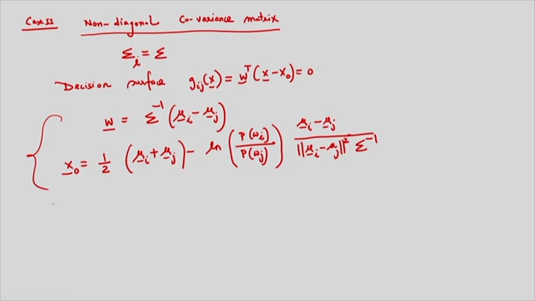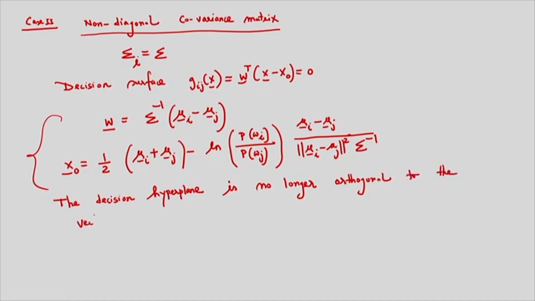Now in this case, the decision boundary, or the decision hyperplane, is no longer orthogonal to the vector mu i minus mu j.